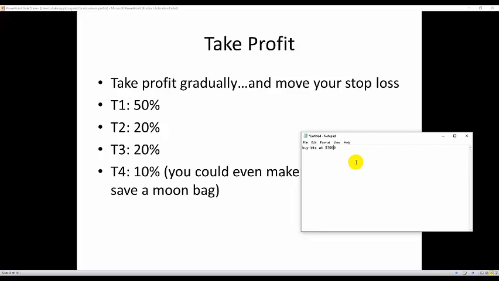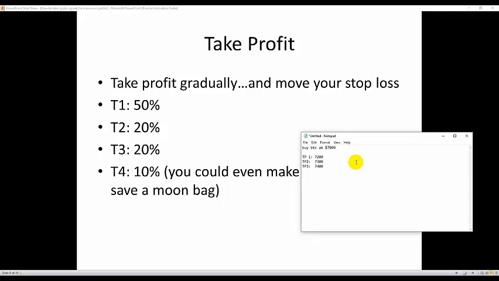TP1, let's say 7,200. TP2, 7,300. TP3, 7,400.